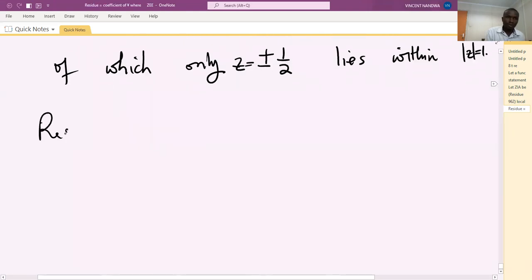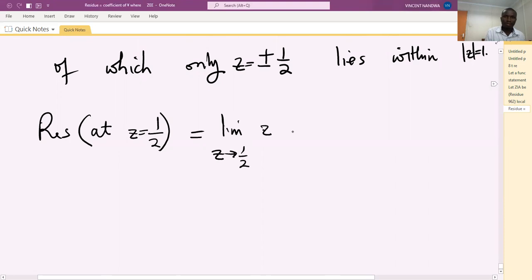So residue at, let's start with the half, z equals a half, will be given by the limit as z approaches a half of z minus a half, you multiply by f(z).